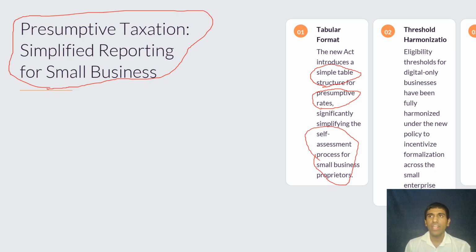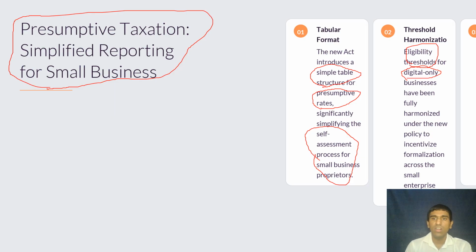Then when it comes to businesses which are only digital, like online businesses, consider big businesses like Amazon and Flipkart, they are entirely run online. Other businesses run online too, like businesses which run apps and so on. All the apps we use on mobile are entirely digital businesses. So the eligibility thresholds have also been fully harmonized for those digital-only businesses.